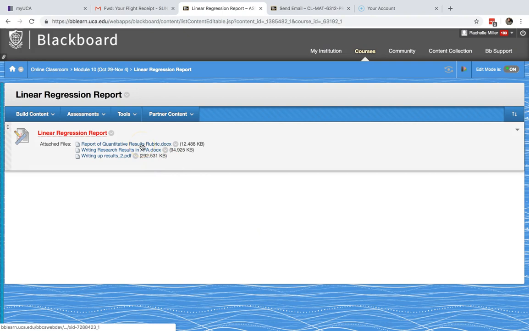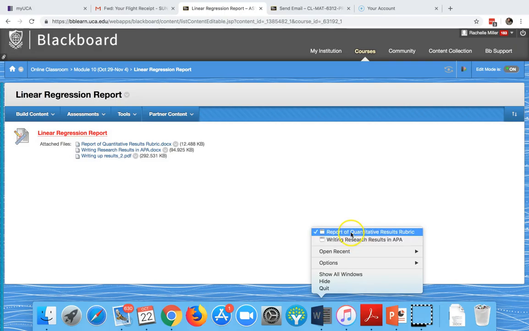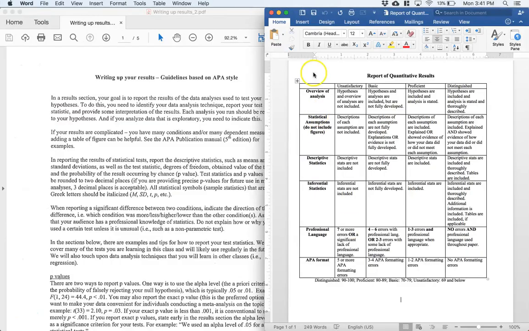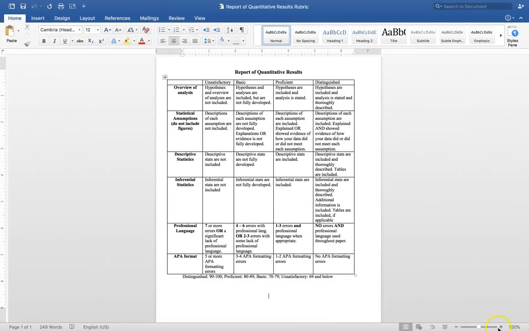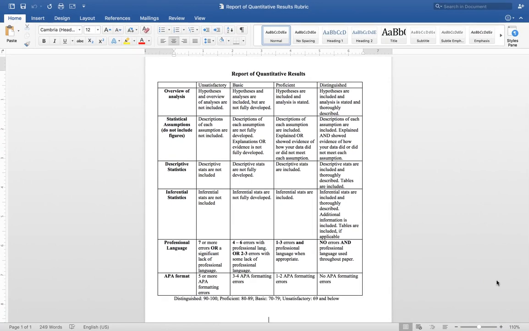So very first thing is the rubric. So let's go to the rubric here. The very first thing I do want to mention, think about all of the information that you included when you ran your linear regression test in our last lab.